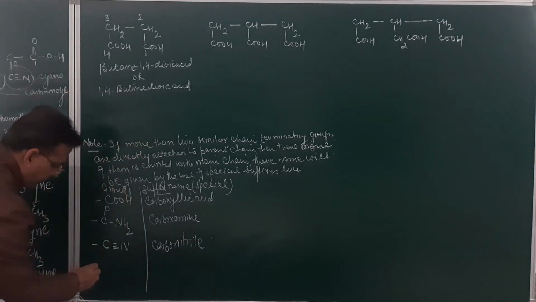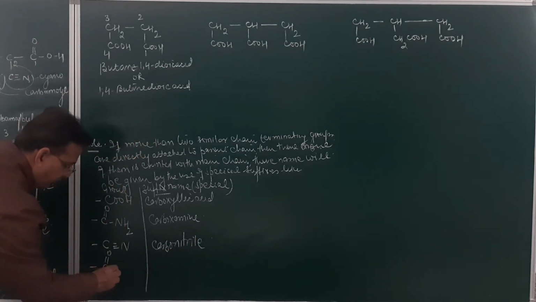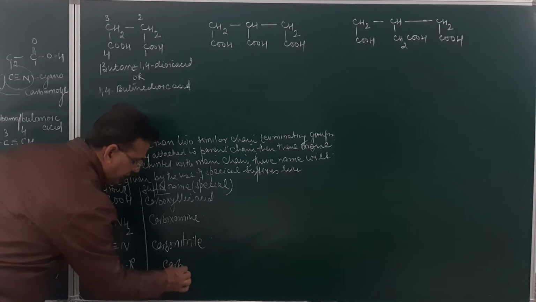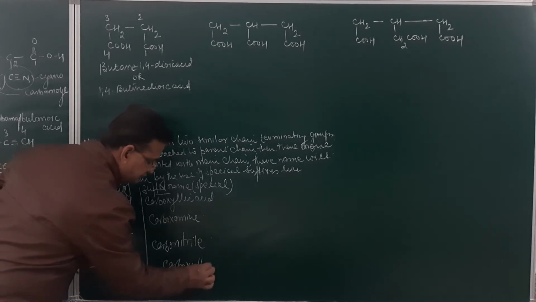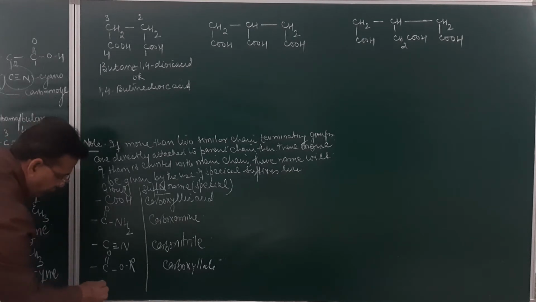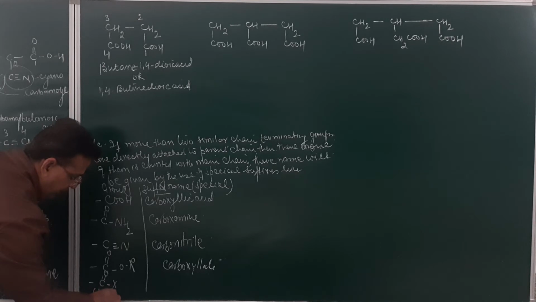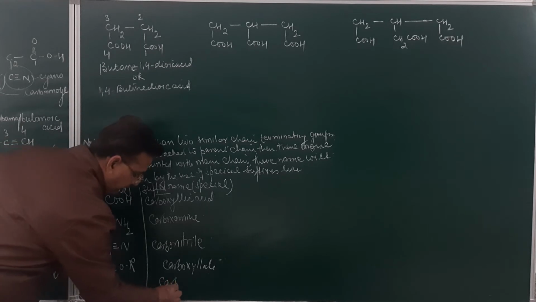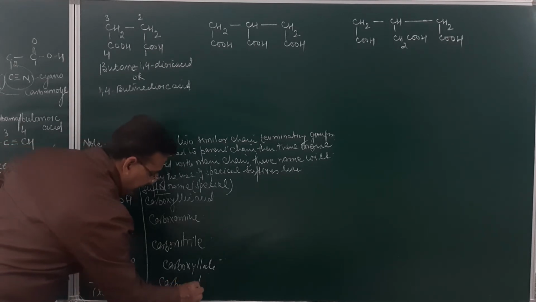If you have got the group C double bond O and OR, the special suffix will be carboxylate. If you have got the group C double bond O and X, where X can be chlorine, bromine, iodine, etc., then the special suffix will be carbonyl halide.